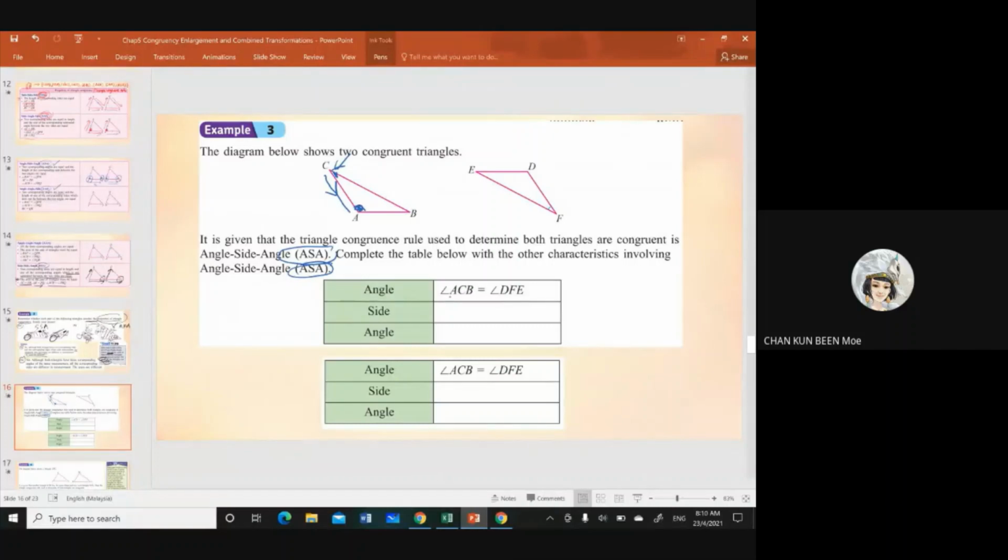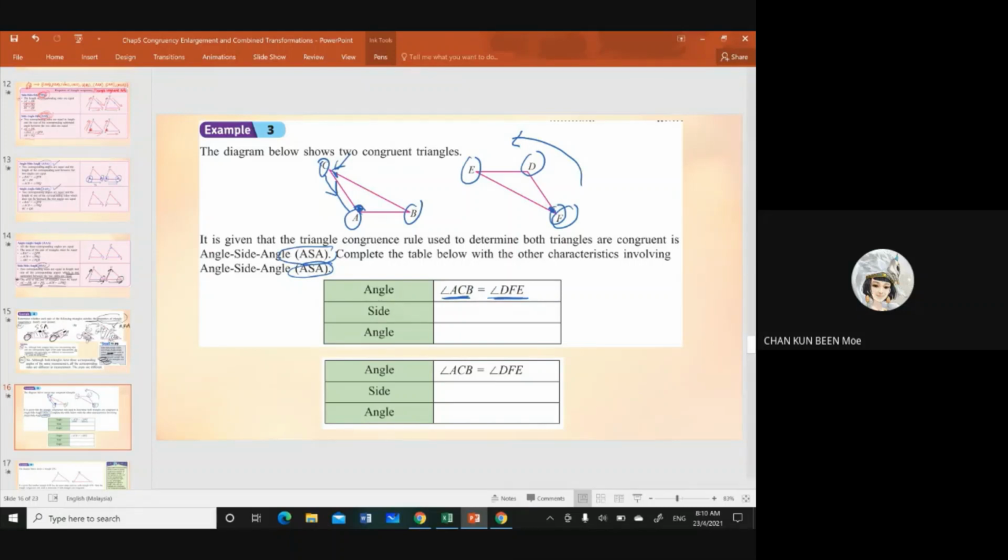So for the angle of the triangle, this one, angle ACB equals angle DFE, this one. You got to see carefully, it starts from this one, meaning that it is CAB. This one is FDE. It goes this way. So make sure your sequence of letters is correct later on.